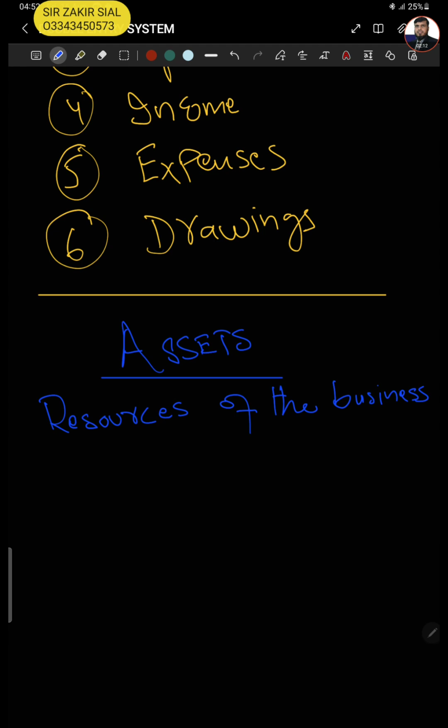But here, to understand double entry system, I will explain what is needed for the topic. Assets are resources of the business. These are further divided into two parts: non-current assets and current assets.